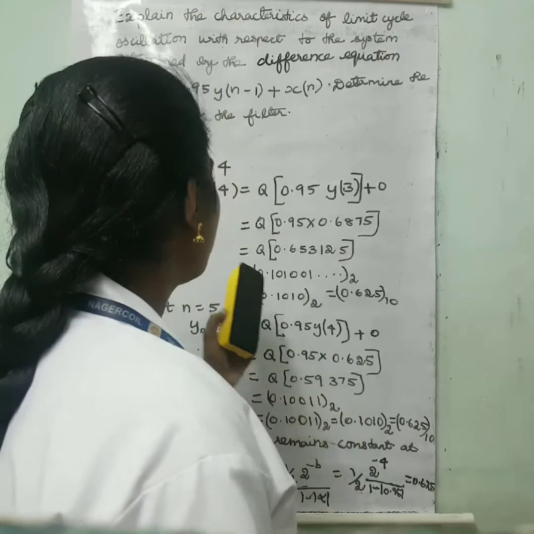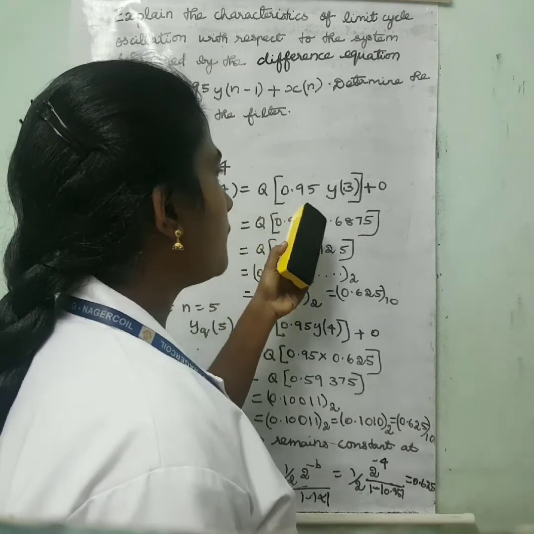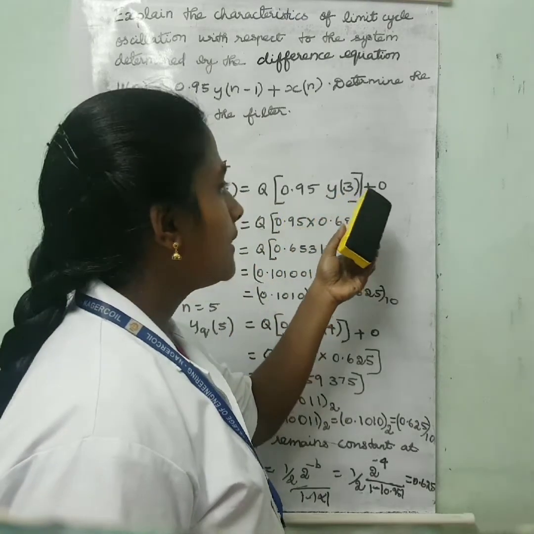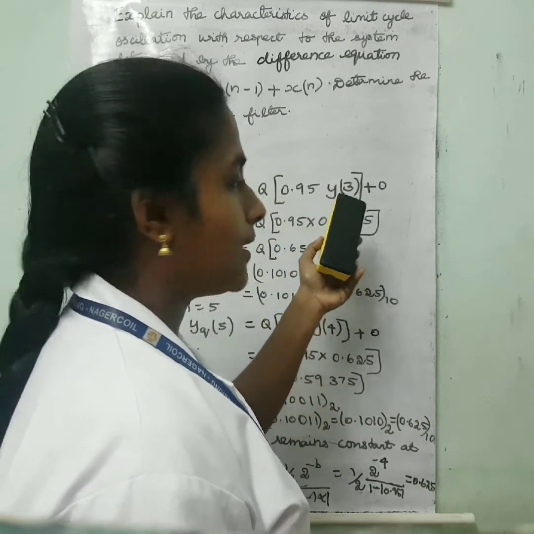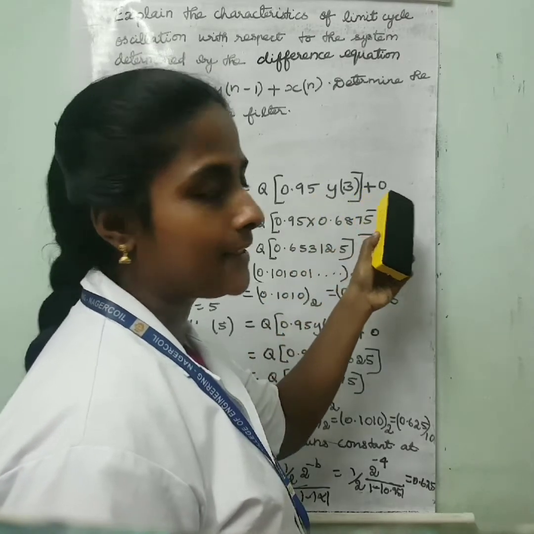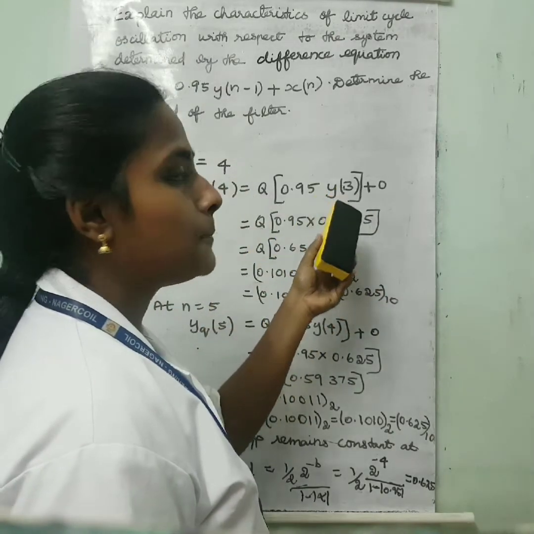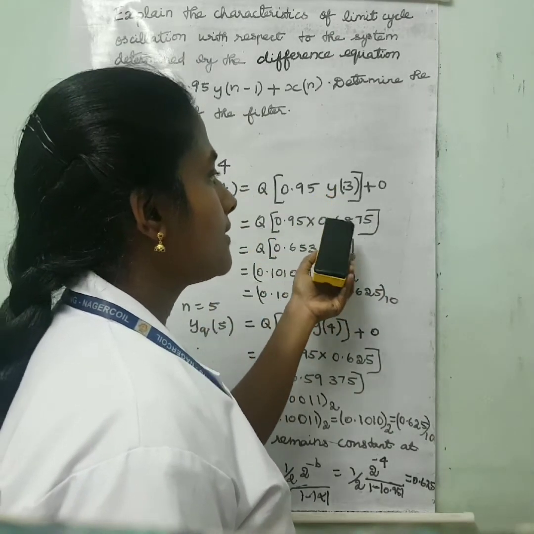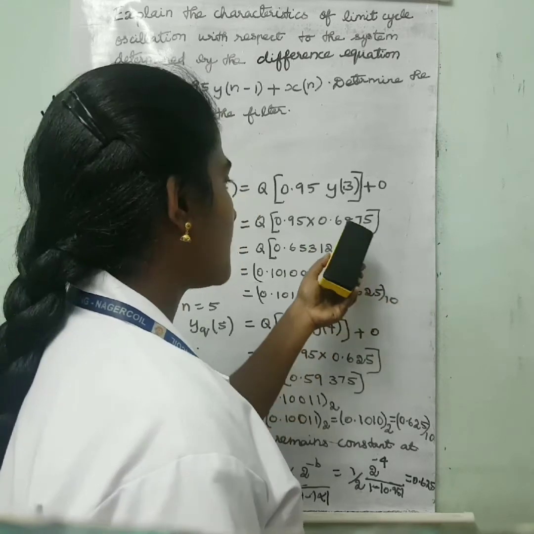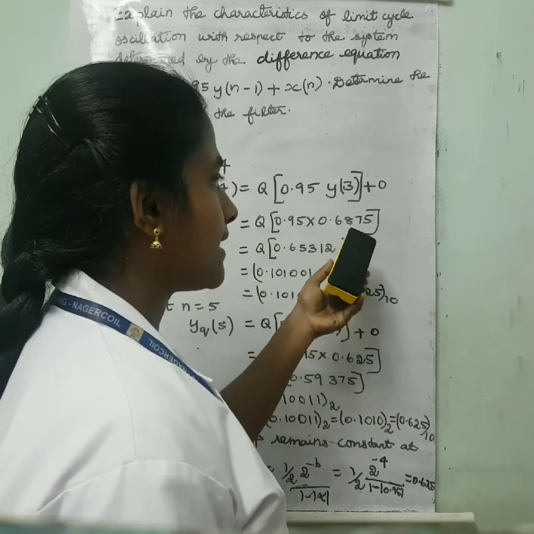Next we have to find for n is equal to 4 and n is equal to 5. When n is equal to 4, the equation is yq of 4 equals q of 0.95 into y of n minus 1, that is y of 4 minus 1, that is y of 3, plus x of n, that value is 0, we know. Okay, so substitute the value. Y of 3 previously we have found as 0.875. So you will get q of 0.95 into 0.875.